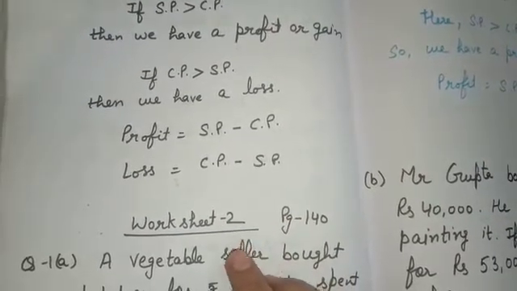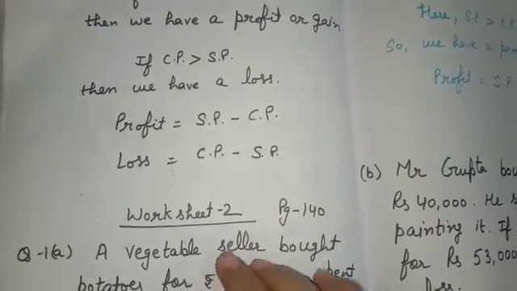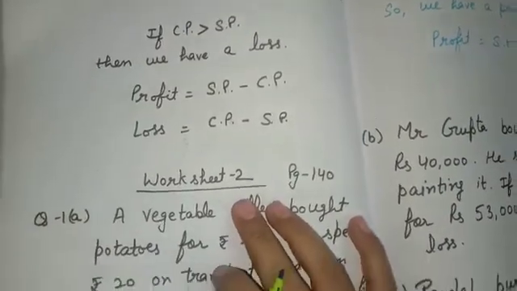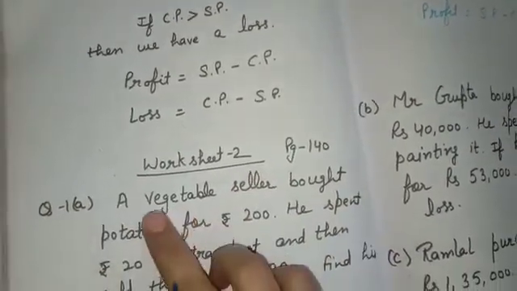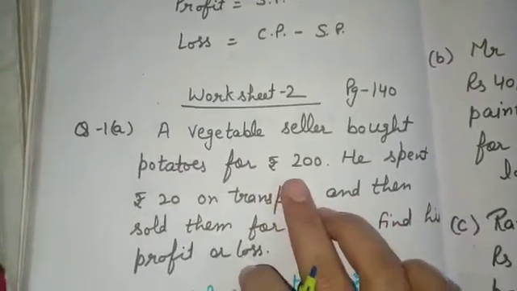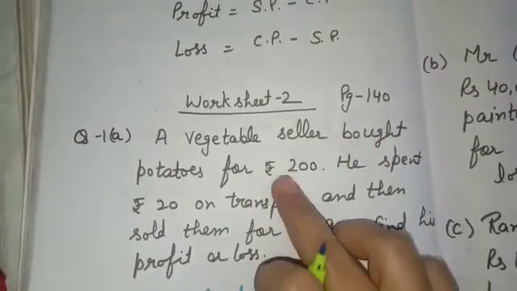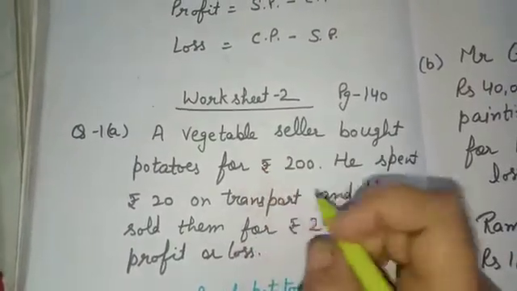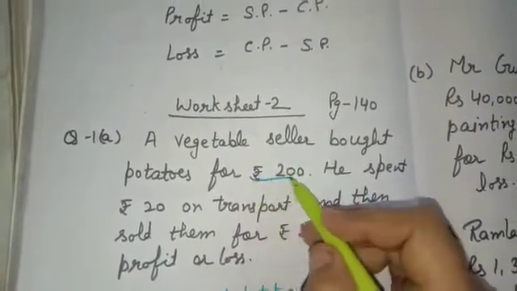There is a small new thing in these questions. Let's discuss those. First part is, a vegetable seller bought potatoes for rupees 200. Bought potatoes for rupees 200 means which price is this? Cost price.